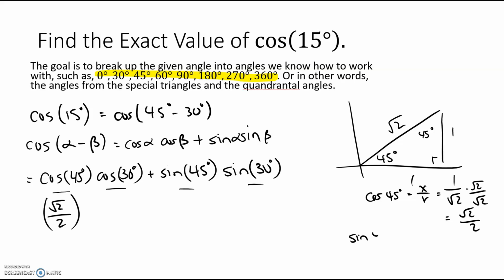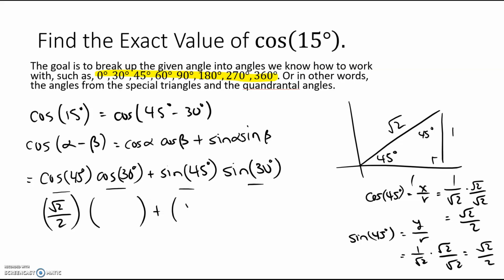And then sine of 45 will be y over r. This will be 1 over square root of 2, same thing. We need to rationalize that, so square root of 2 over 2 as well. I'm going to leave a blank for this one. This will be square root of 2 over 2, and a blank for this one.